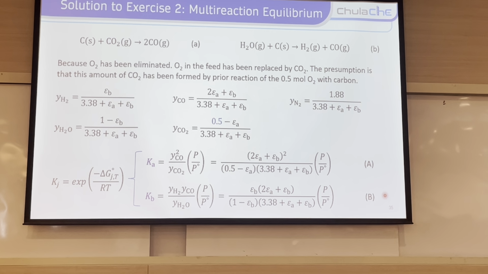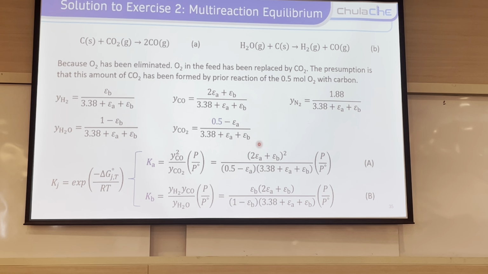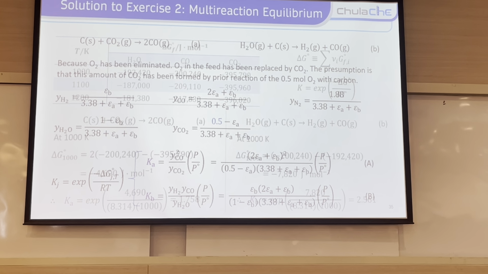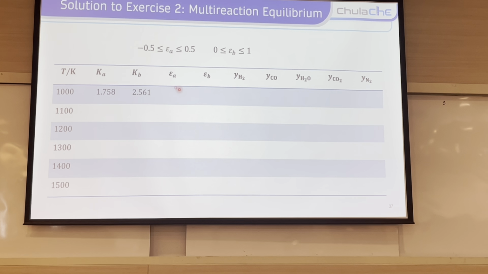So by guessing the initial values of epsilon A and B and putting in the objective function for these two equations, you can solve for epsilon A and B.